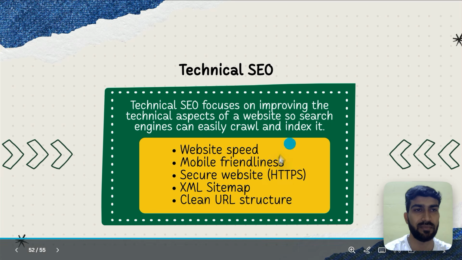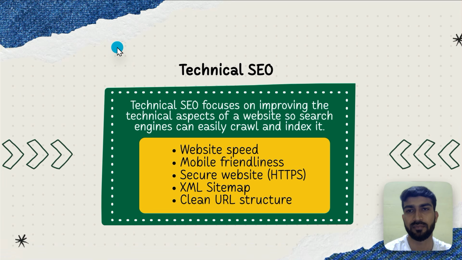Then XML sitemap is also very important. When you write blog posts and create hundreds of pages and thousands of posts on your website, they need to be organized properly so that it becomes easy for Google to crawl the website and rank or index those pages properly.